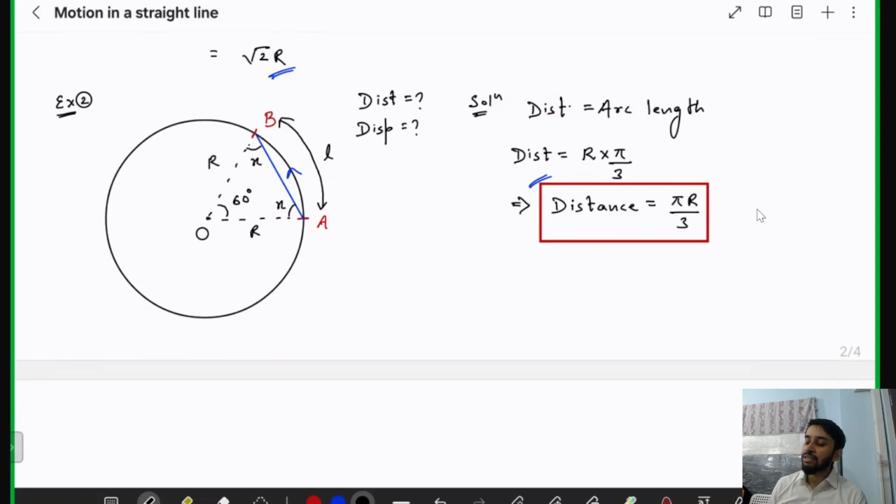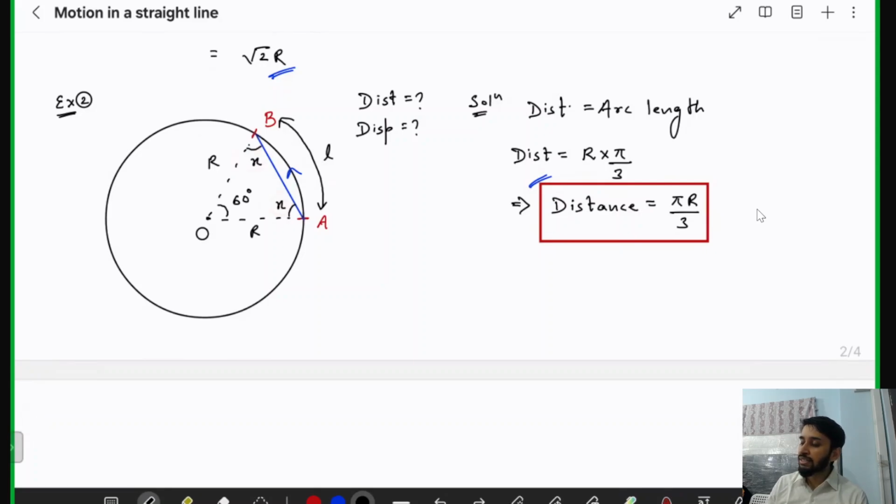How to show that? Since these two sides are equal, the opposite angles will be equal, right? These two angles will be equal. We know that the sum of all the angles of a triangle is 180 degrees.